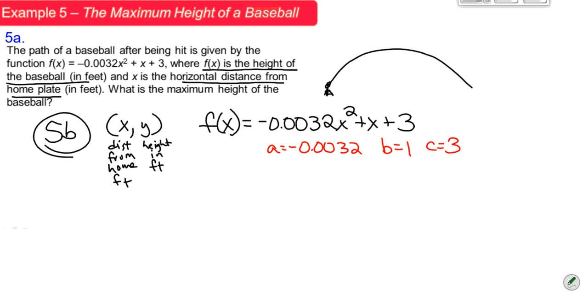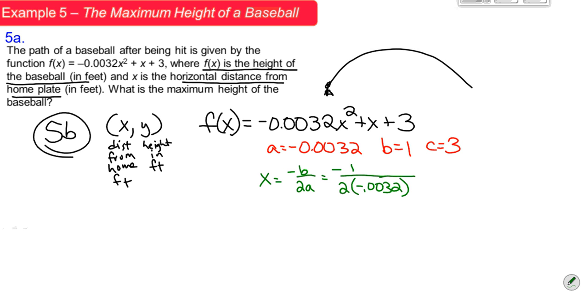And now we're going to find our maximum x, which would occur at minus b over 2a. So minus 1 over 2 times negative 0.0032. Try that on your calculator just to see what you get, because sometimes people type that in wrong. So pause this, try it, and then see what you get.